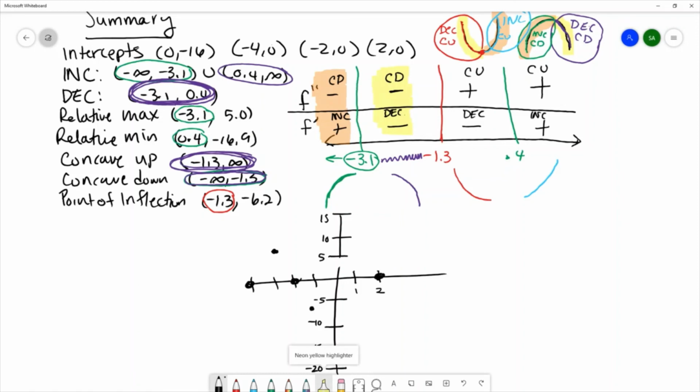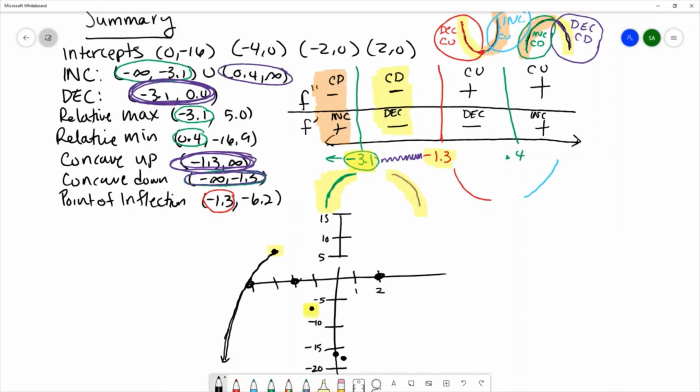So starting on the left, this part tells me how to draw the curve all the way up to -3.1, which is right here. Leading up to that, I'm drawing it increasing but concave down, cupped down. Then this section is how I'm going to draw the curve from -3.1 to -1.3, the point of inflection, which is right here.